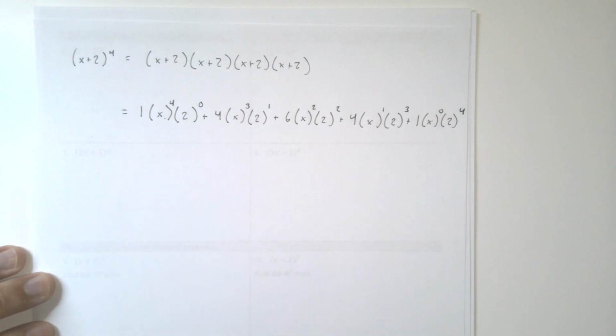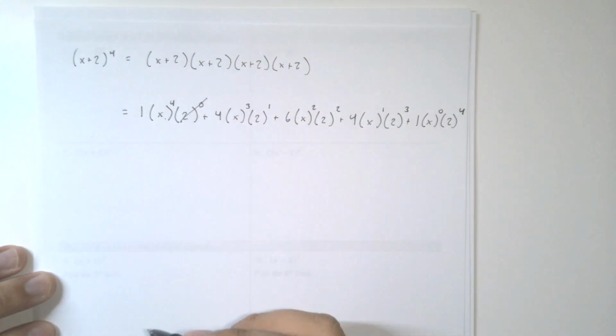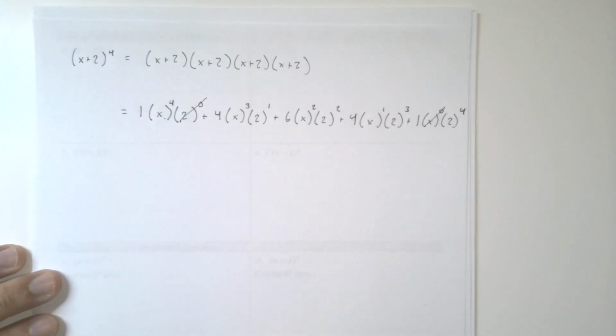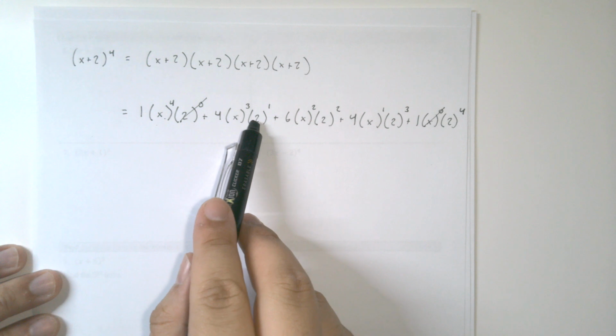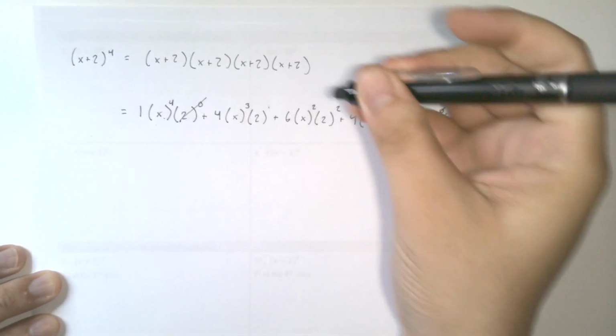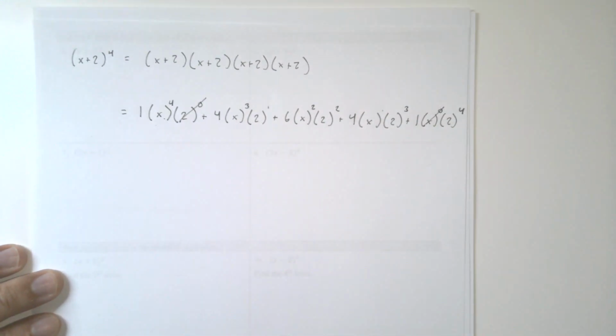So again, things to consider. Anything to the power of 0 is 1, so we don't need to write that. So I'm going to cross that off right there, and the x to the 0th as well. And we really don't need anything to the power of 1, because to the power of 1 is just itself. So I'm going to erase that, and that as well.